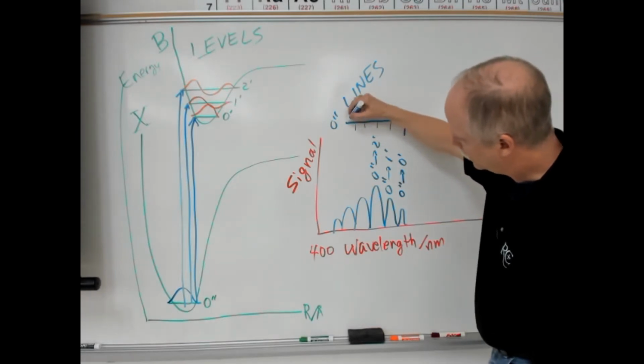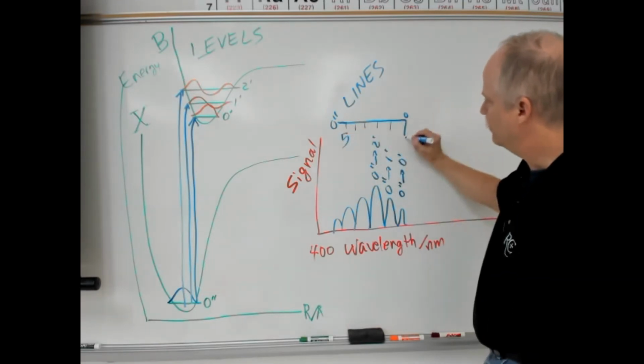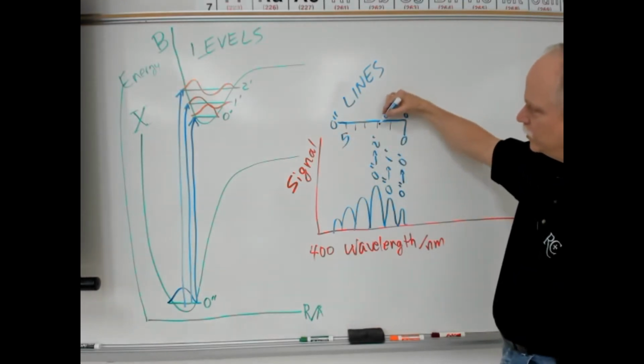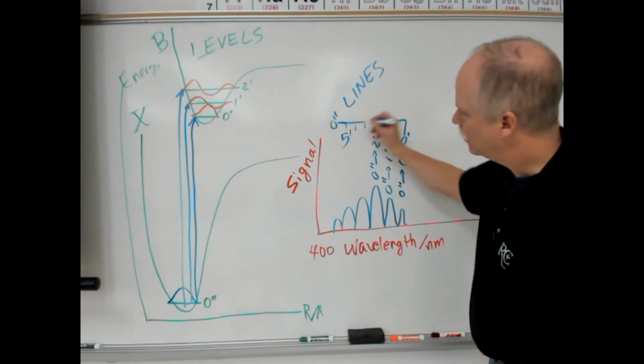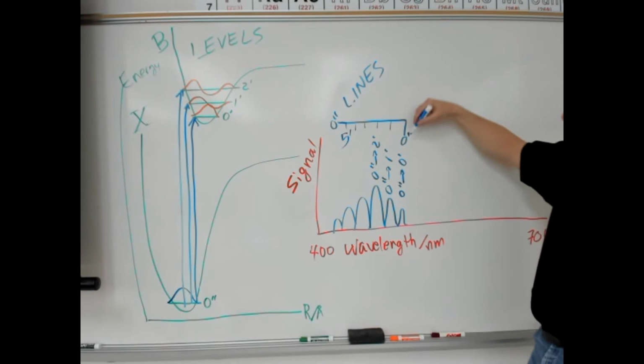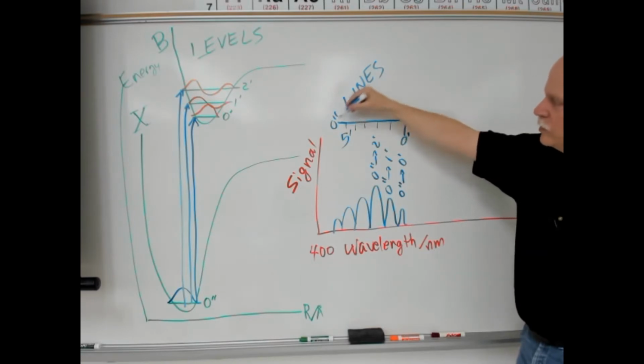And then this tick mark was labeled 5, right? So we went from 0, 1, 2. So these are the primes. So this was 0 double prime to 0 prime, 0 double prime to 1 prime, 0 to 2, 0 to 3, 0 to 4, 0 to 5.